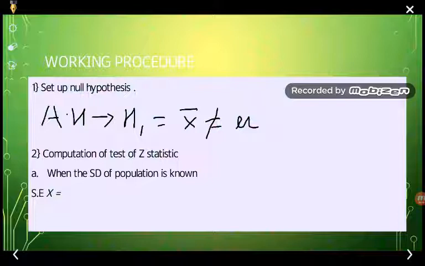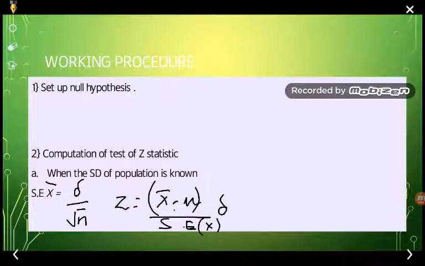The next step is the computation of the Z statistic. We have to compute the Z value. After setting up the null hypothesis and the alternative hypothesis, we have to calculate the Z statistic. In order to compute the Z statistic, there are two methods.